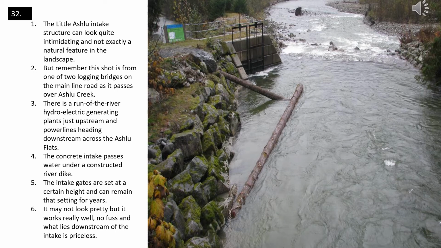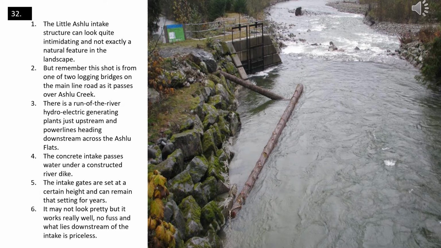So just a comment on the Little Ashley intake. A beautiful, robust concrete structure would not exactly be seen as a natural feature in the landscape. To some, it can be quite mildly disturbing. But remember where it sits.